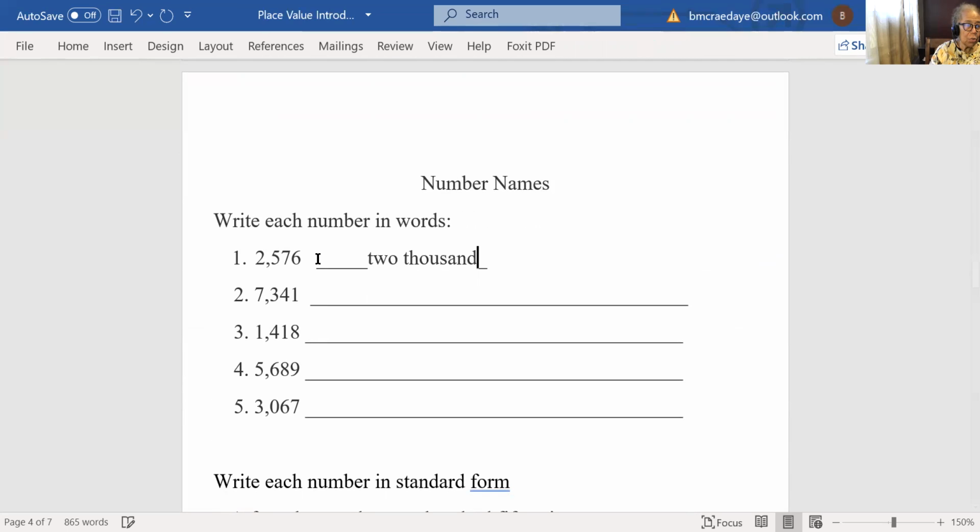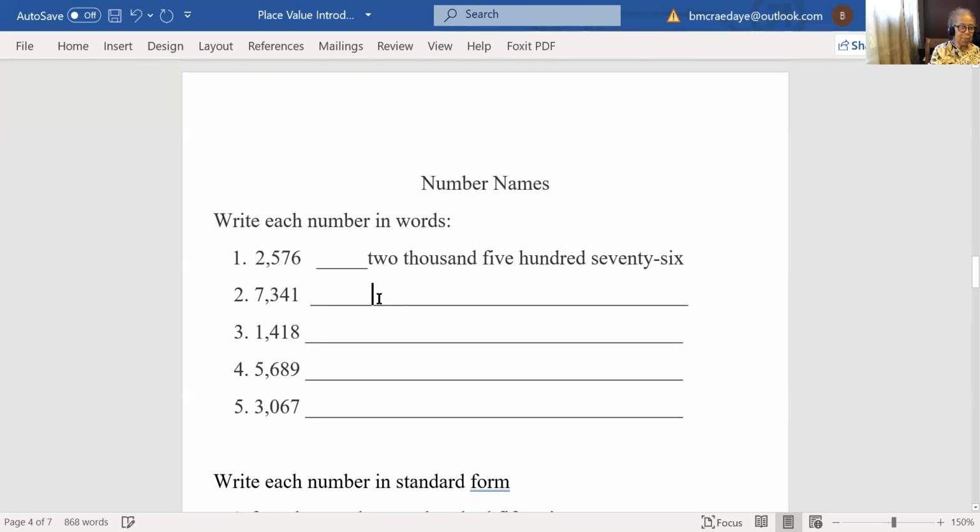Okay. 2,576. So in words, this number is 2,576.